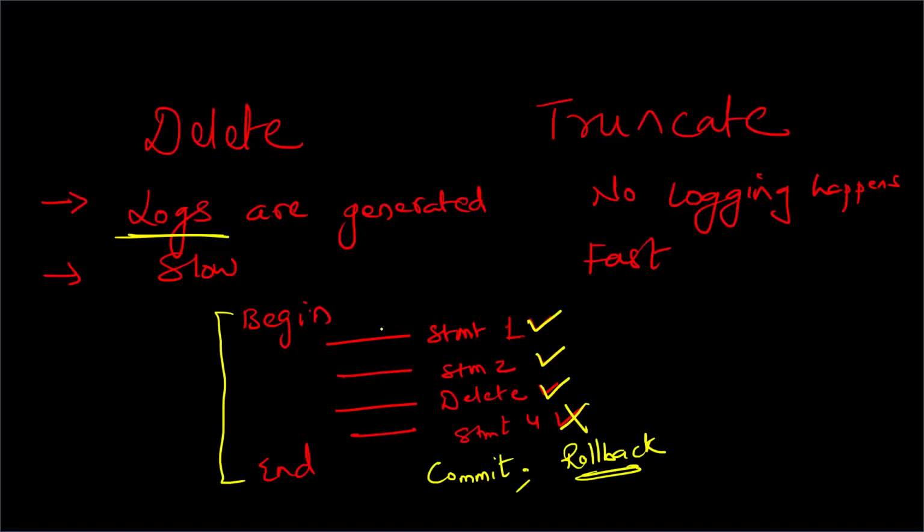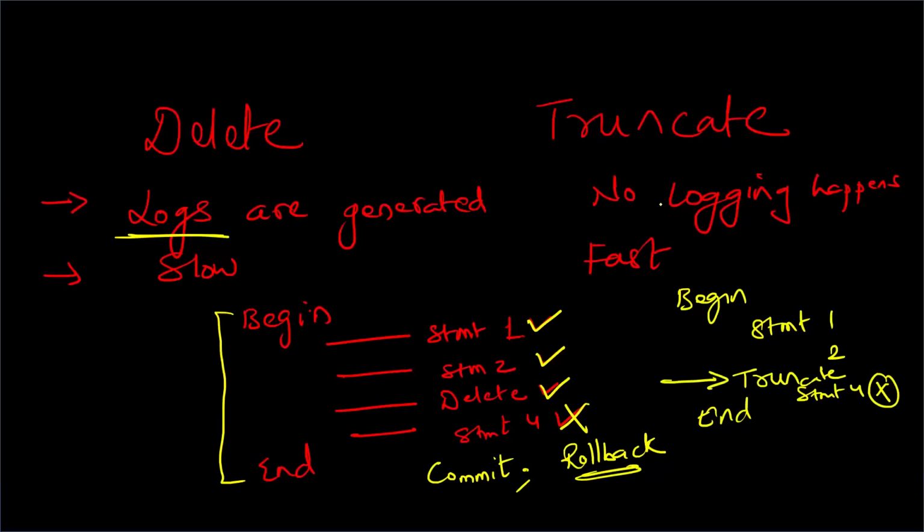Now, in case you write this begin end, statement 1, 2, and here you have a truncate and statement 4. If this fails, rollback cannot happen because truncate does not generate logs. Full rollback cannot happen.